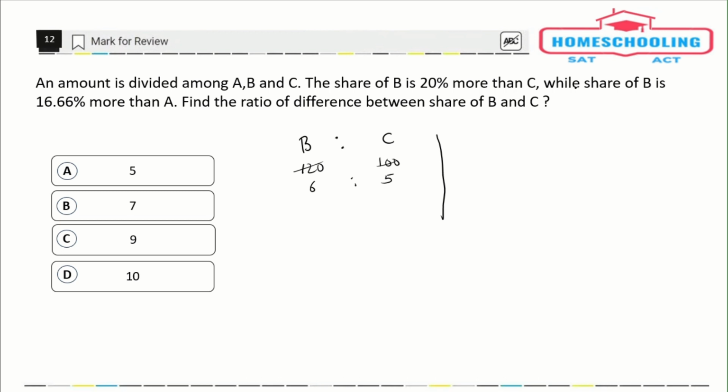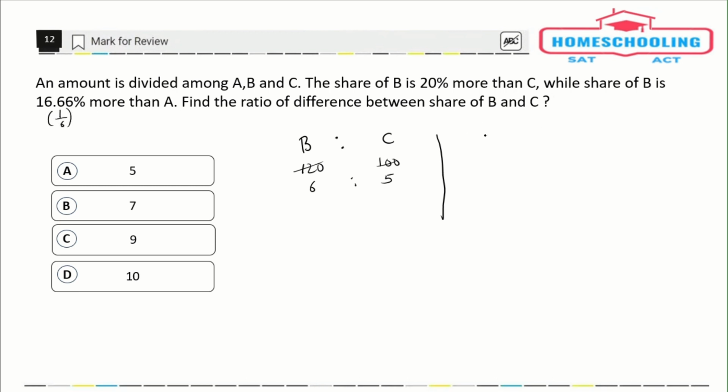And after that, share of B is 16.66% more than A. As we have read that percentage can be converted into fractions, 16.66% is how much? 1 by 6.